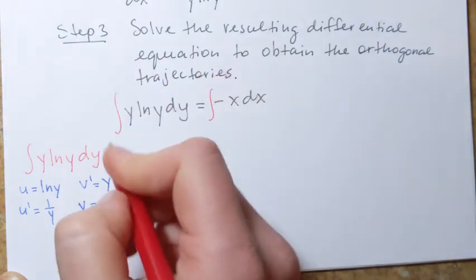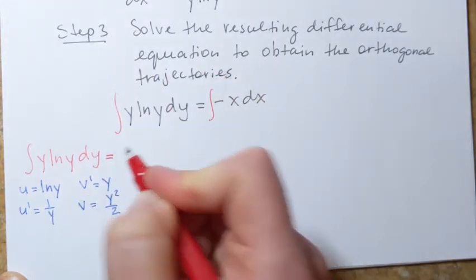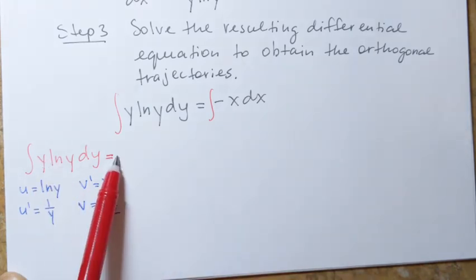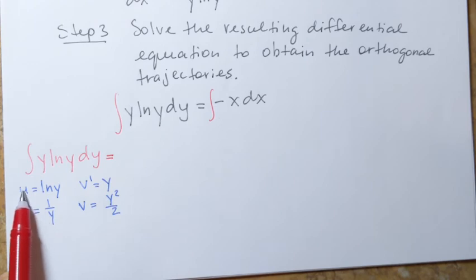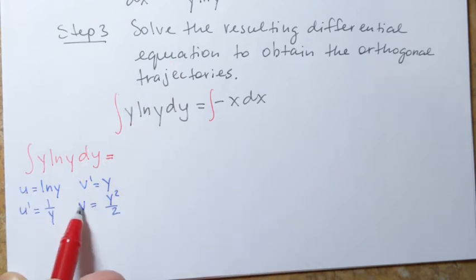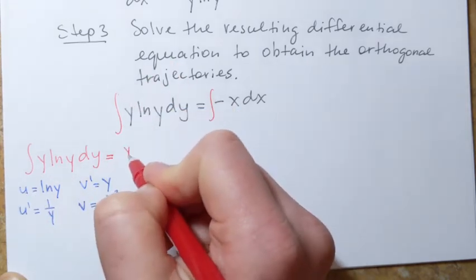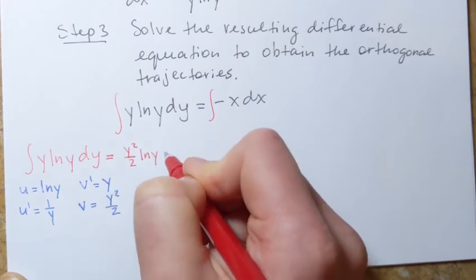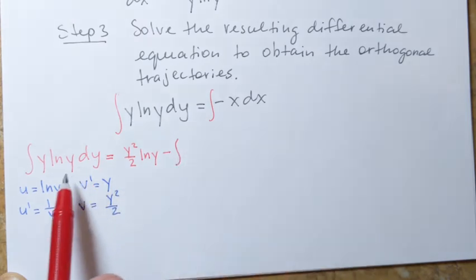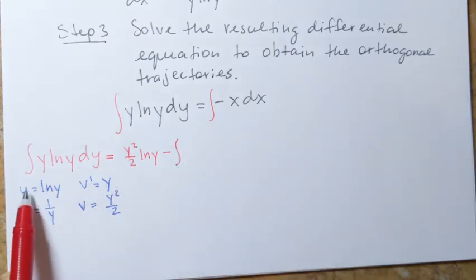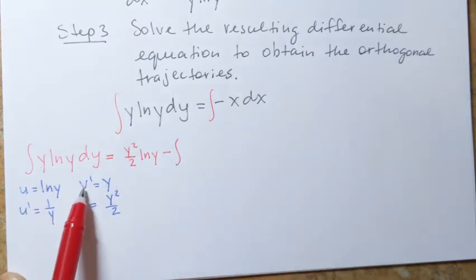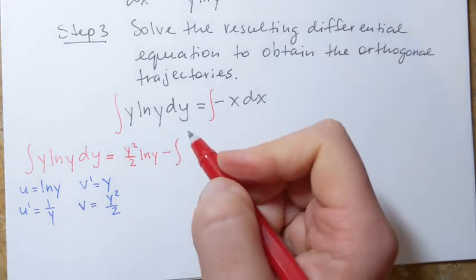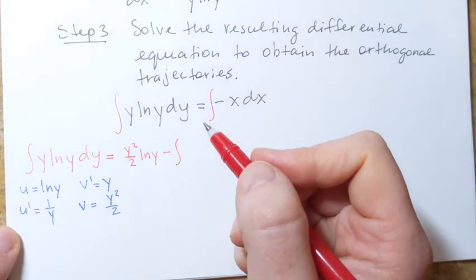Let's put it all together. According to the formula, if we had u v prime, here we're going to put just u times just v. So u times v is y squared over 2 ln of y, minus the integral, and now we have to switch the order. So we had u v prime, now we're going to be using v u prime, or u prime v, either way.